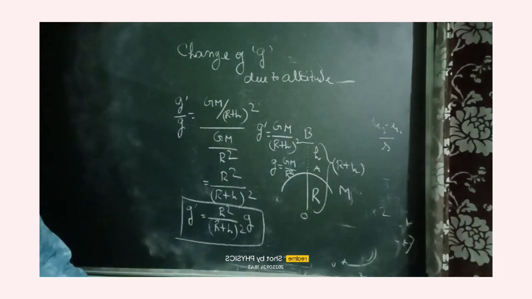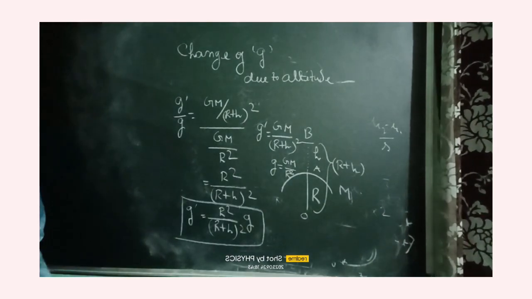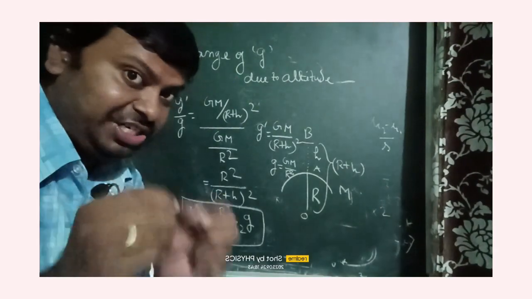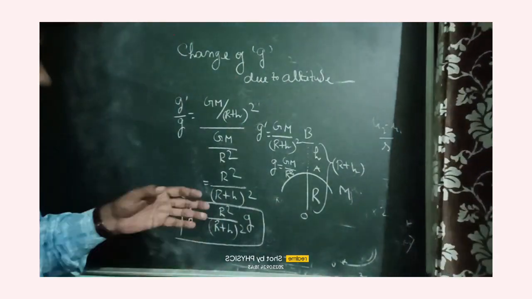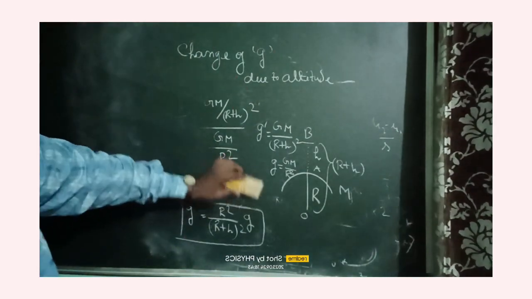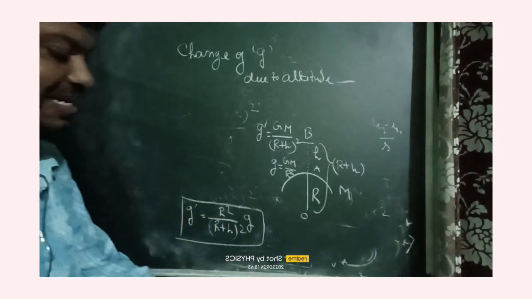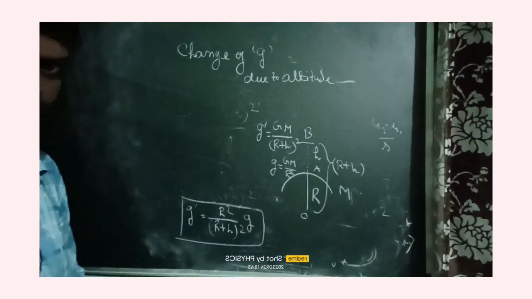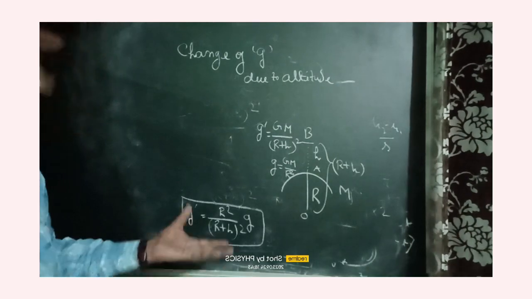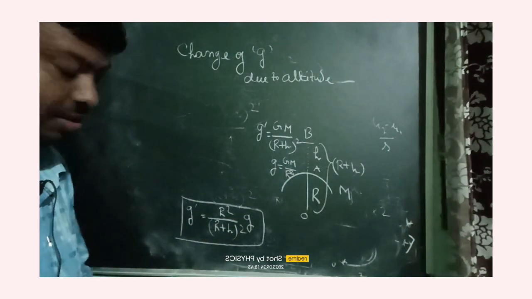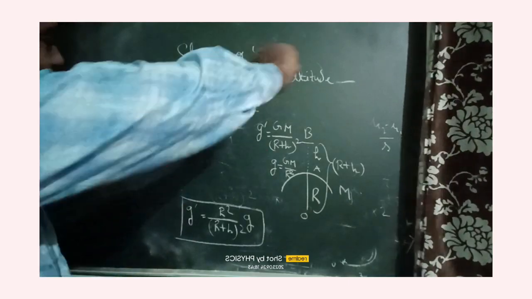This is the expression of the change of the acceleration due to gravity due to the altitude. Now, if we consider that the height is very small, that is 700 kilometer, 800 kilometer, what will its expression become? Now let's move to that case.